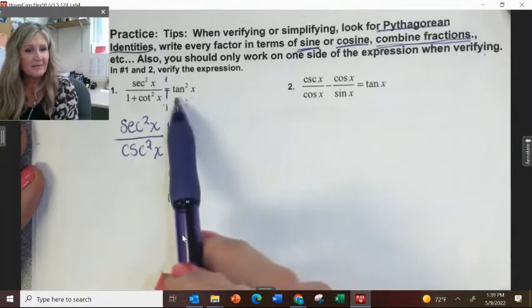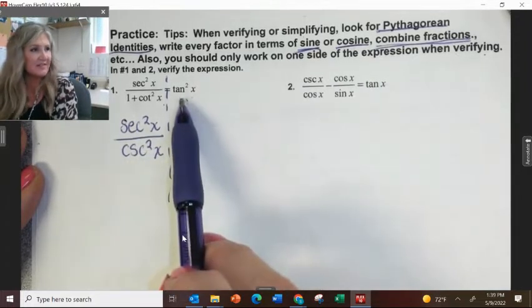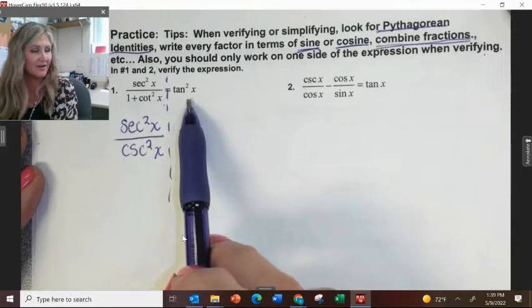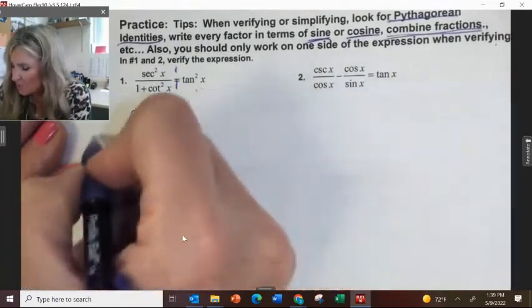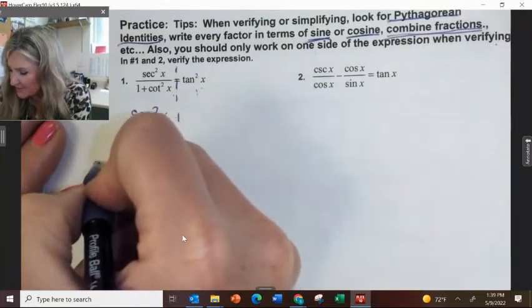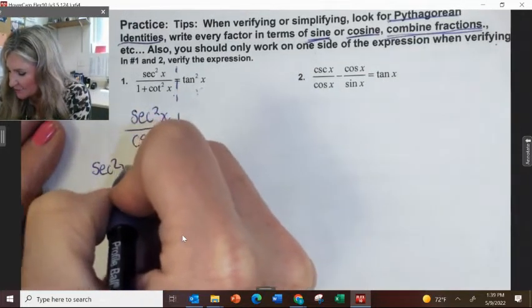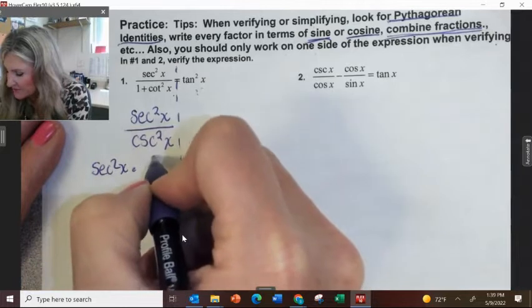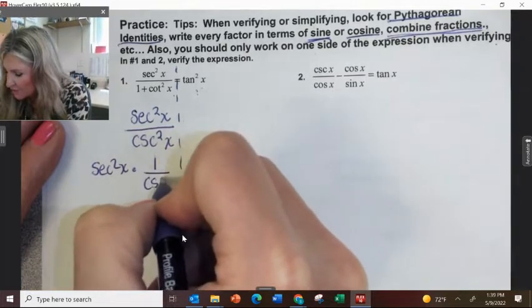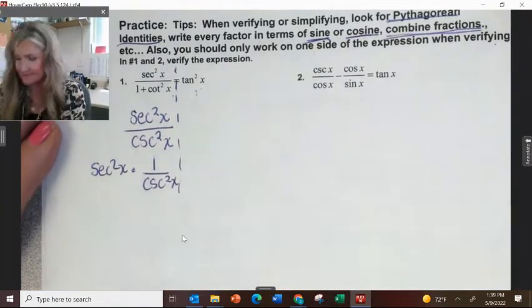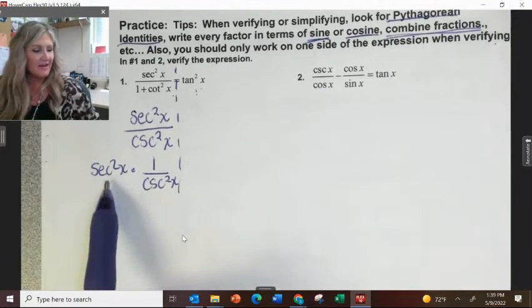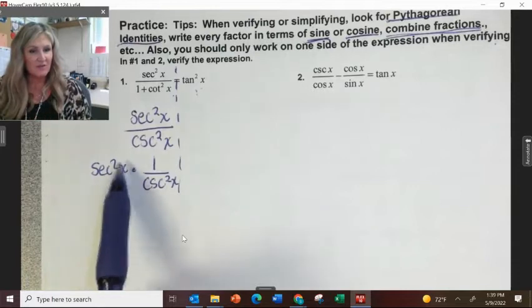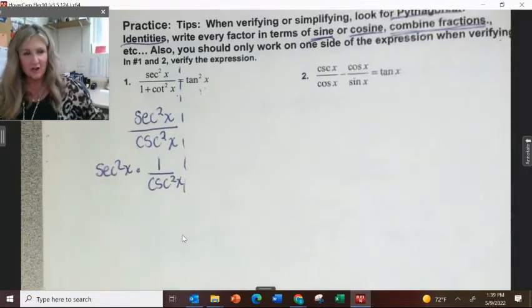Now, I'm trying to prove that this is the same thing as tangent squared. Right now, I can't really see it, but watch what I'm going to do. I'm going to think of this as secant squared x times 1 over cosecant squared x. What would be another name for secant squared x in terms of cosine?